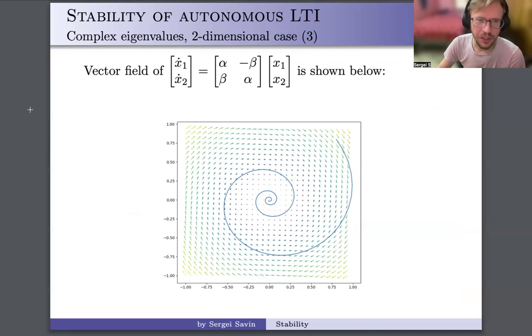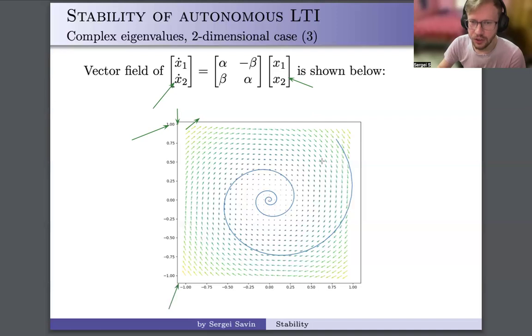This is called a vector field. So each arrow here basically represents this x dot vector. Each coordinate represents x. So this point here is where x1 is equal to 1, x2 is equal to 1. This point is x1 equal to -1, right?